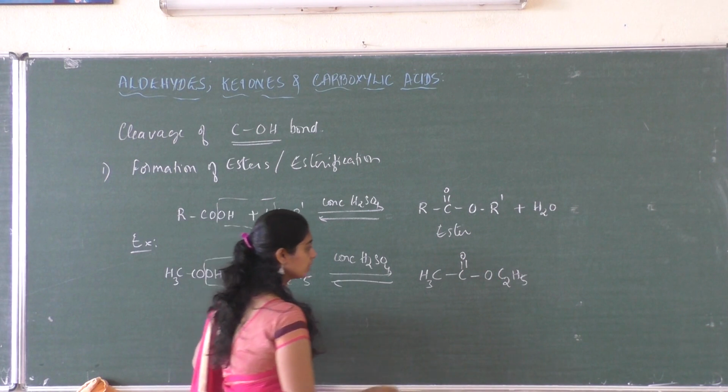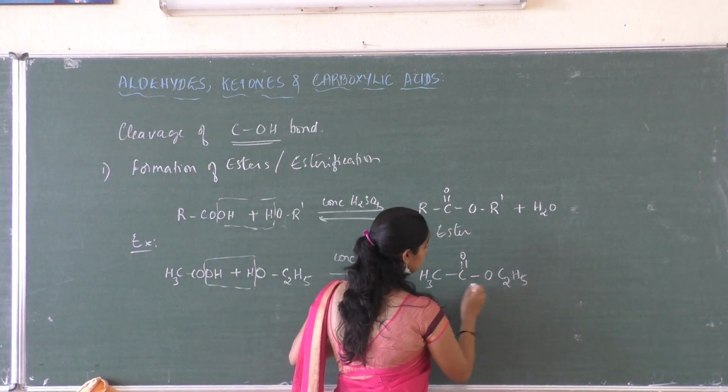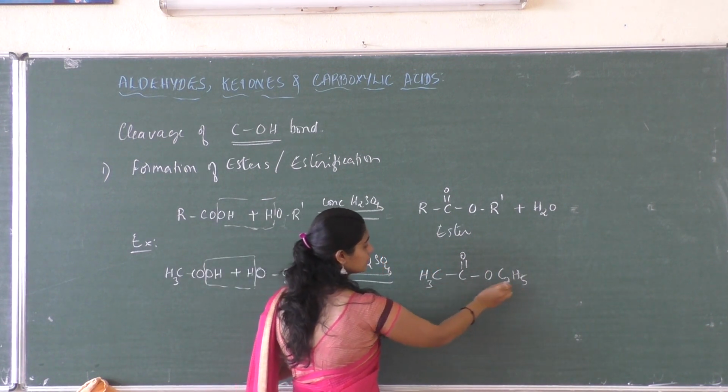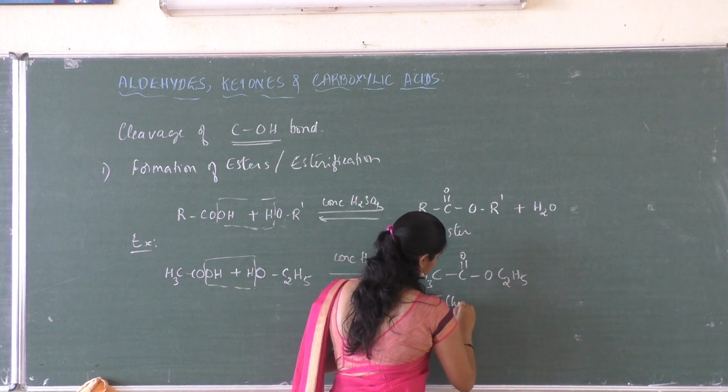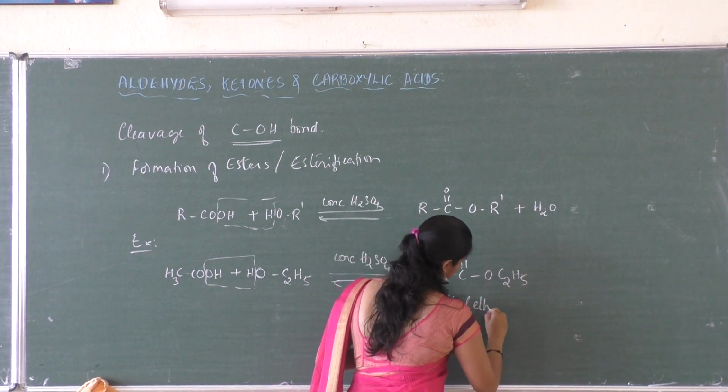The name of the molecule is ethyl ethanoate. There are 2 carbon atoms here and 2 carbon atoms there, so it is ethyl ethanoate.